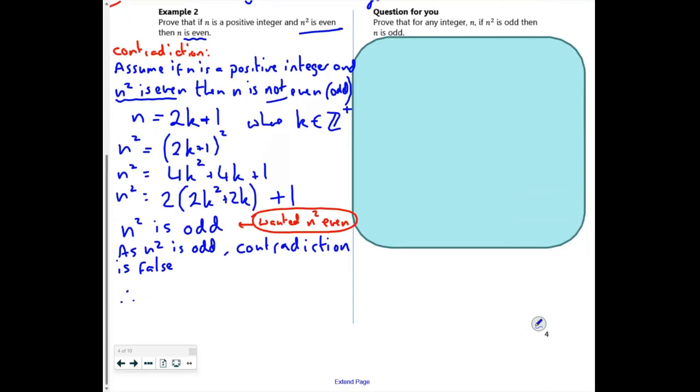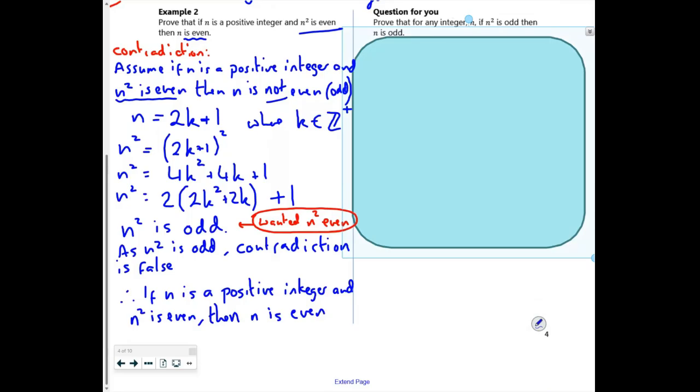Therefore, if n is a positive integer and n squared is even, then n is even there. Got myself confused. First day back, you know what I mean? So n squared was odd there, and we wanted that to be even. All right, so there's one there for you.